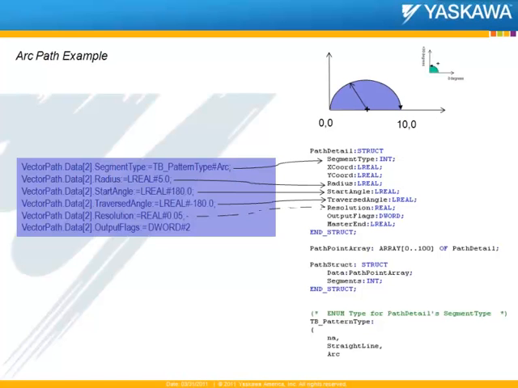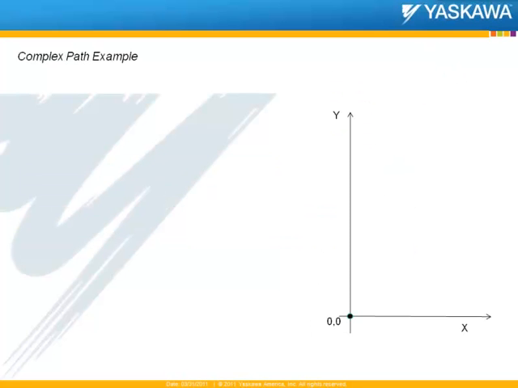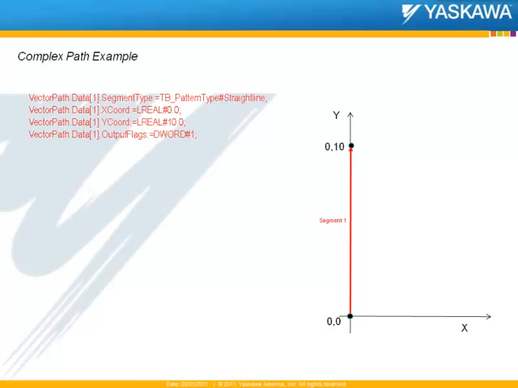Here's a third example where I have a combination of straight lines and arcs. To define my first segment, which is a straight line that goes from 0, 0 to 0, 10, this is what I define for my path. The second segment is an arc, and here's my definition for that arc.